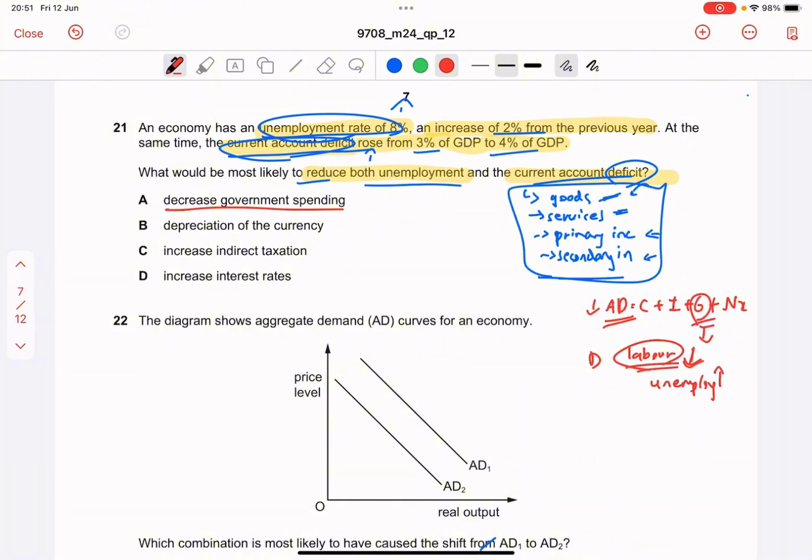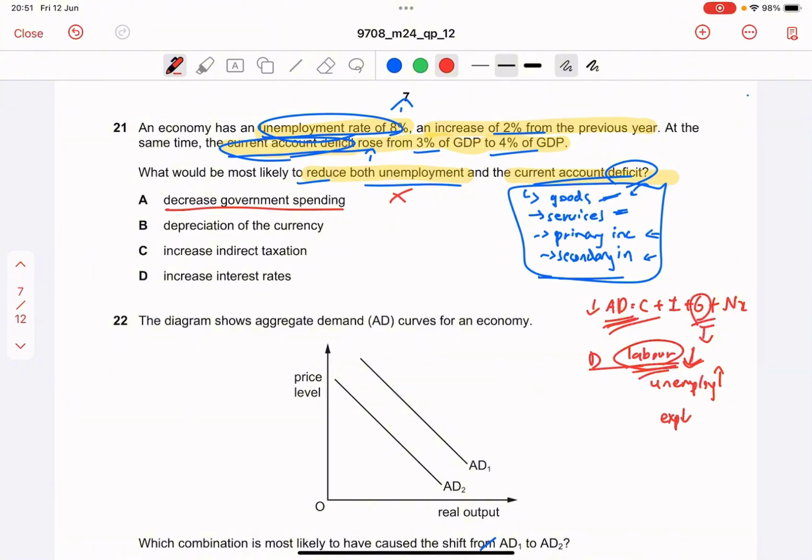Because that means that fewer people are being employed, because they're being demanded less. So does that reduce unemployment? No, it increases unemployment. And how about the current account deficit? Well, if AD decreases, then the demand for labor will decrease. That means that there will be less output. If there is less output, then there is most likely fewer goods being exported, so fewer exports, right?